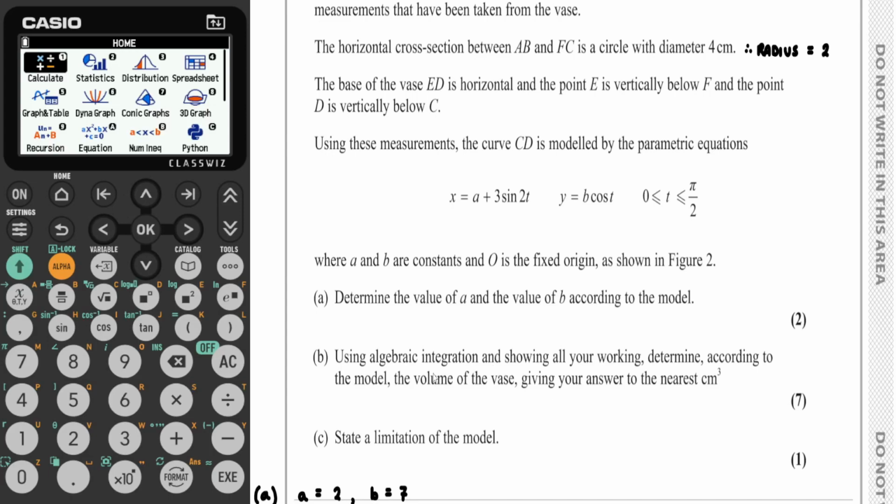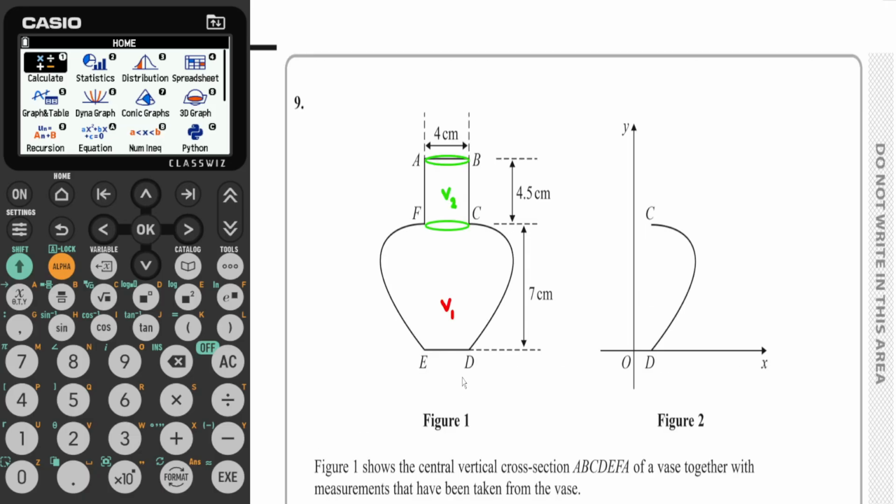Part B. Using algebraic integration and showing all your working, determine according to the model the volume of the vase, giving your answer to the nearest centimetres cubed. If we take a look at figure 1, we've got the volume of the bottom bit, which is V1, and the volume of the top bit, which is V2.